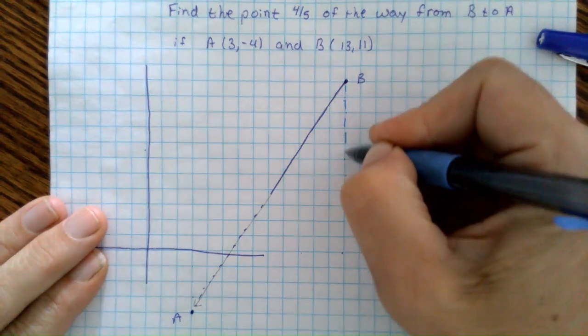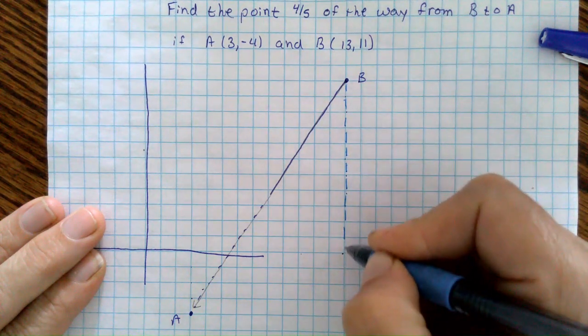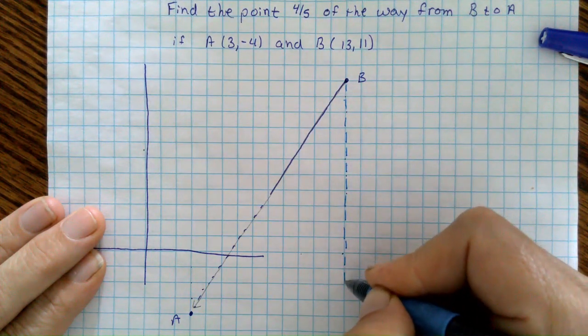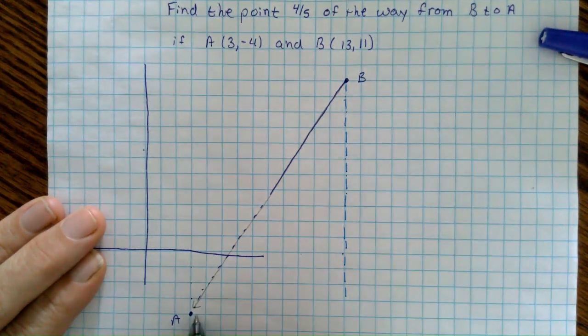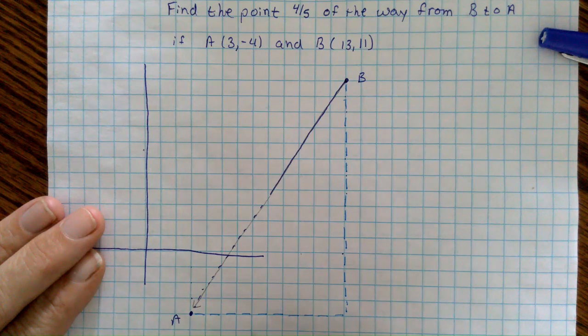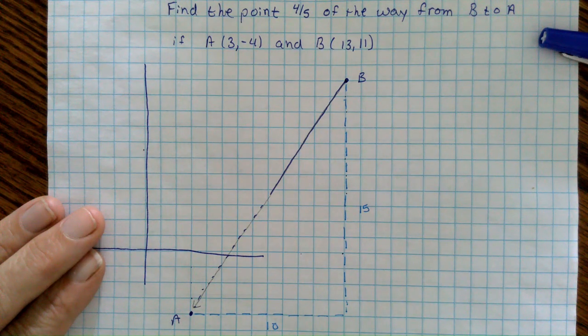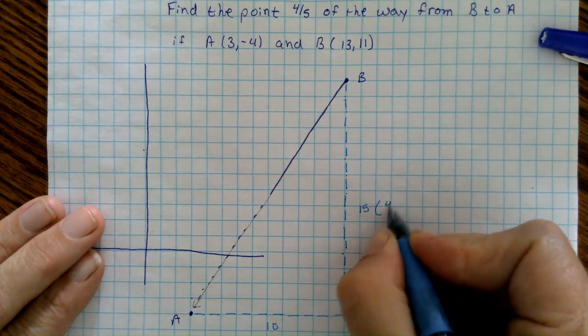We could do the midpoint, but if you're counting squares here, that's going to really help us out. So this is 10 squares wide and 15 squares tall. So I need to do 4/5 of each of those.